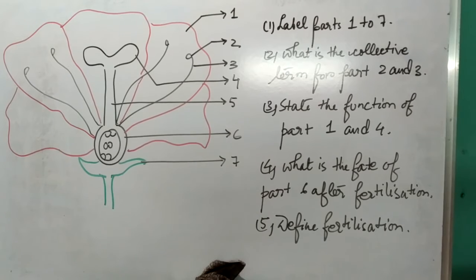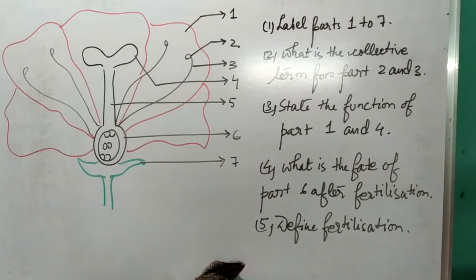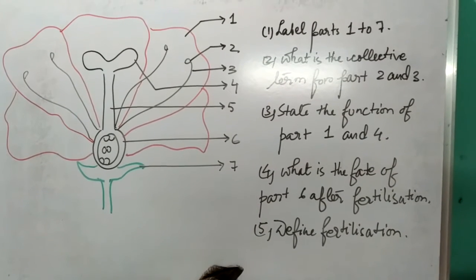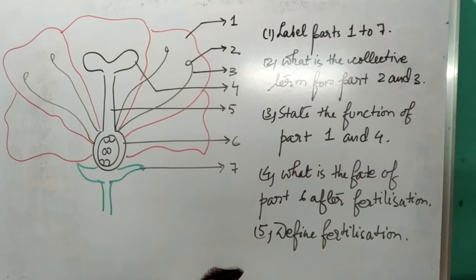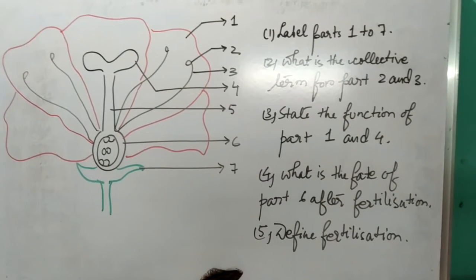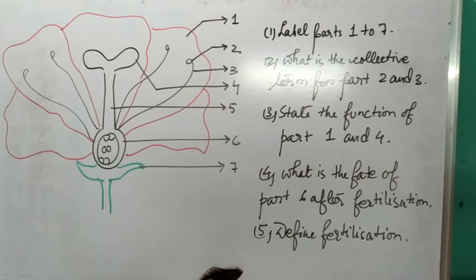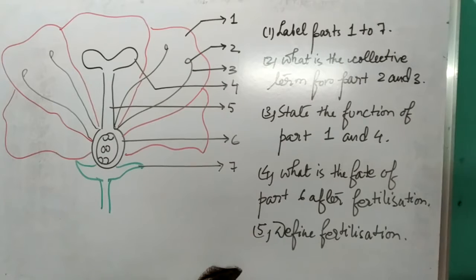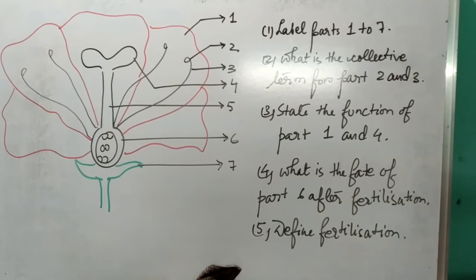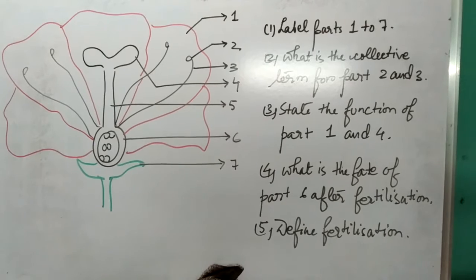When these two fuse, they form the zygote, which will be found within the seed. So these are the 5 questions based on this diagram. This type of question is very important for your exams also, so go through it.